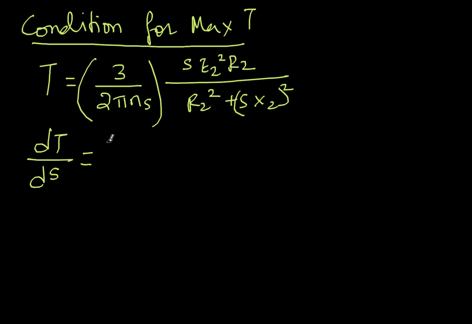So I'm just writing this as a constant, 3E2 square divided by 2 pi ns, multiplied by S into R2. For the time being I can bring this R2 outside.